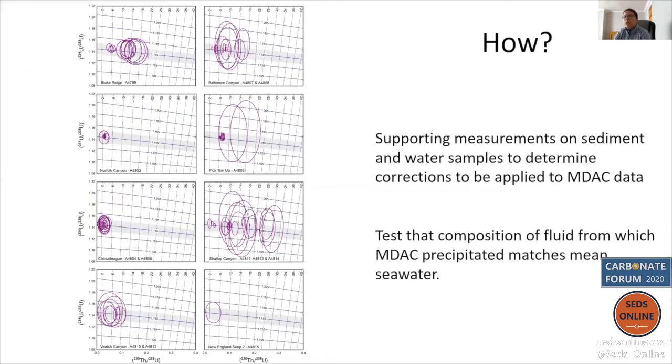So once we've done all the math, we kind of have to try and figure out if we actually got the right numbers. So there's a quality control aspect to data interpretation, and there are two tests we can apply in this regard. The first one has to do with the fact that when you calculate the uranium-thorium age, one of the output parameters is the isotopic composition of the fluid from which the sample precipitated.